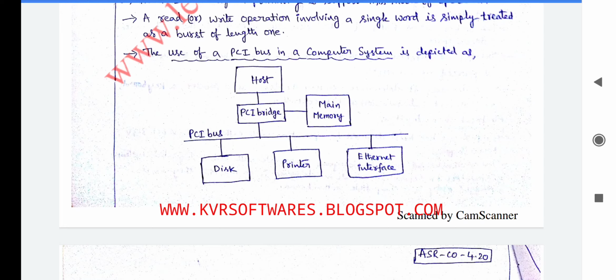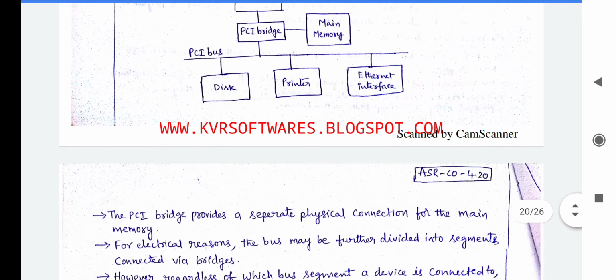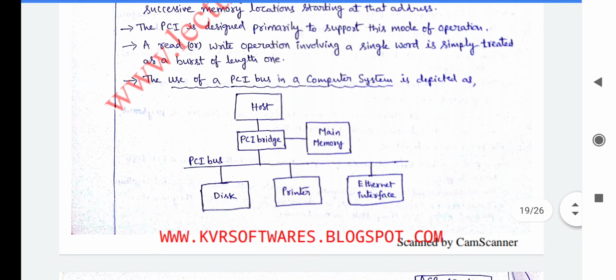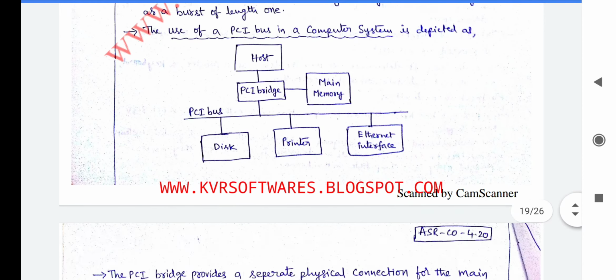Buses are always represented with straight lines. The PCI bridge provides a separate physical connection for the main memory. You can observe here that the PCI bridge is directly connected with the main memory.